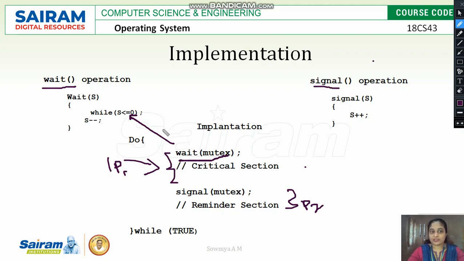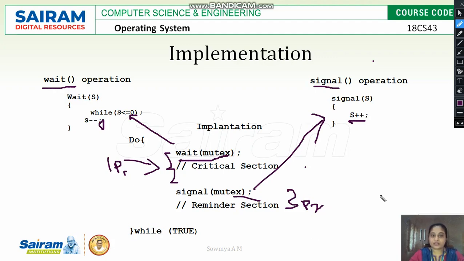If it is only once, then the wait function is called once and the s value is changed to 0 or minus 1. Once the process P1 completes the critical section execution, it calls signal. Once the function signal is called by passing the s value which was altered by wait, that will be incremented. So if the s value is incremented, then the process P2 can acquire the critical section.